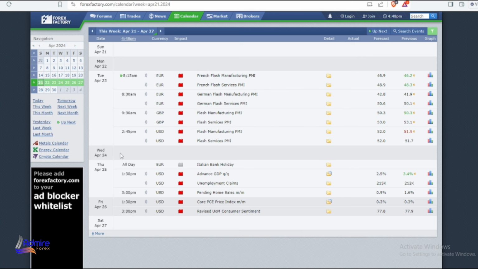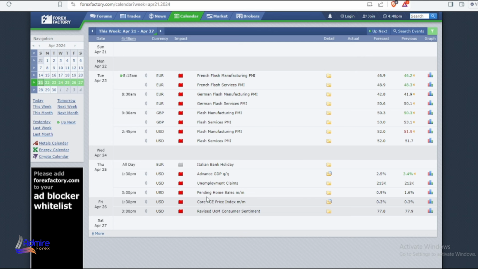Okay, no red folders on Wednesday. Thursday we have some red folders, unemployment claims, pending house sales, and Friday we have some red folders. Okay, core PCE price index, core price index for Friday.